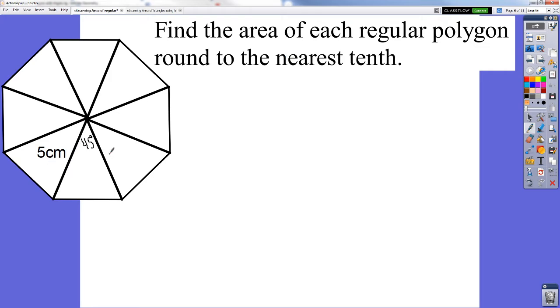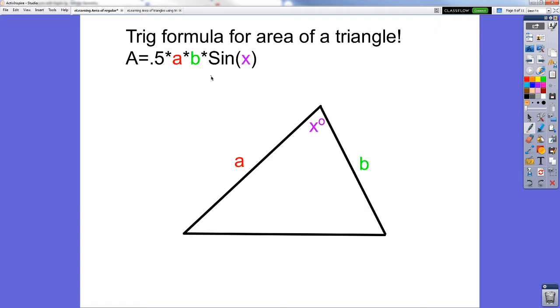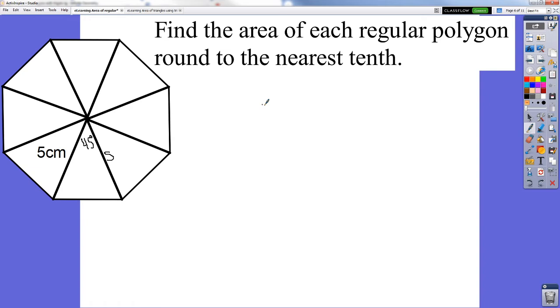So, now that we've done that, this side is 5, this side is 5. So we've got our A, our B. We're going to use this formula again. Our A is 5, our B is 5, and our x degrees is 45. So we can literally just go ahead and say, all right, here's the area: 1/2 a b sine x.